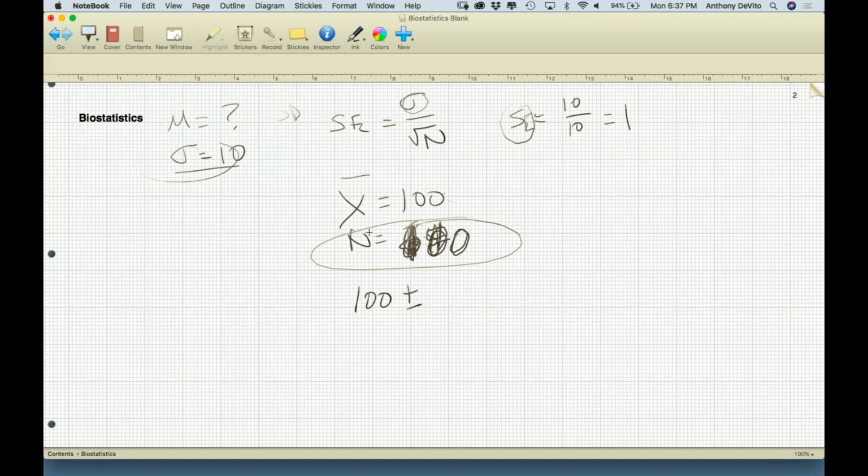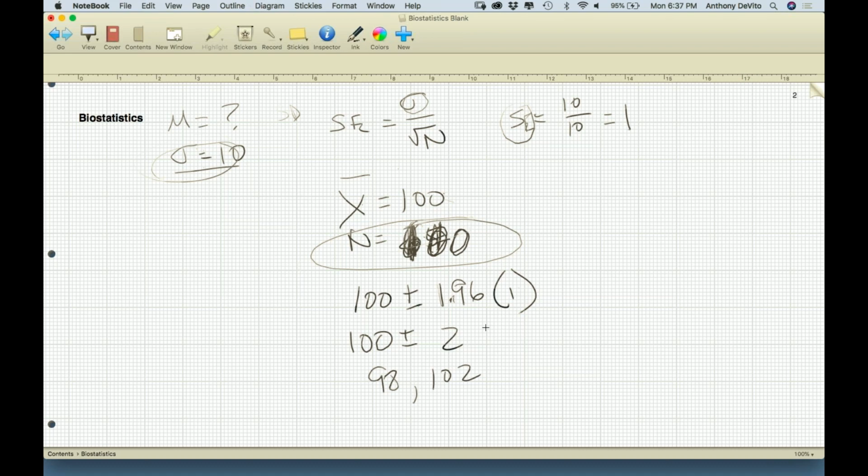But for argument's sake, right now, we know sigma, so we can use our z-score. It's going to be 1.96 times our standard error, which is equal to 1. So our 95% confidence interval is 100 plus or minus, forgive me, I'm going to use 2 here. It's going to be 98 to 102, right?